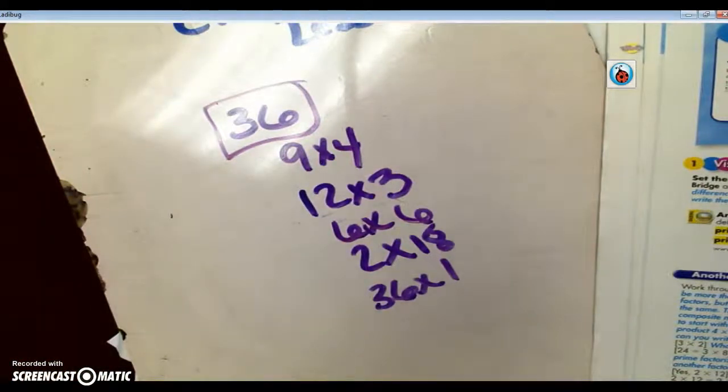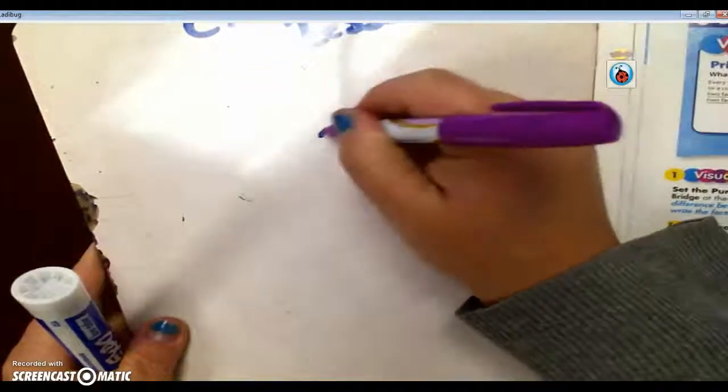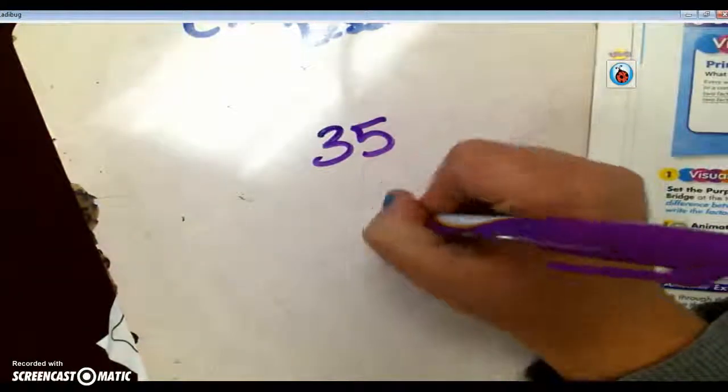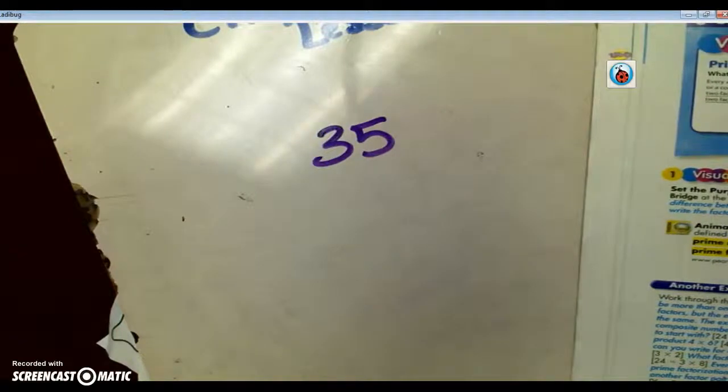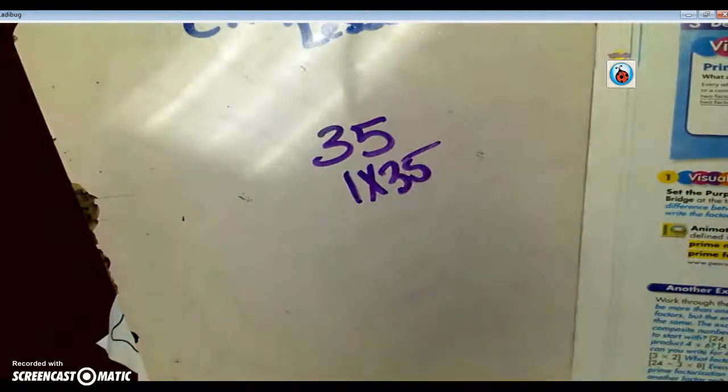Every prime number will be an odd number. But that doesn't mean that every odd number is prime. For example, Gabe, 35 is odd. It's not prime. Okay? Because I can do what two factors? I can do 1 and 35, right? How else can I get 35?